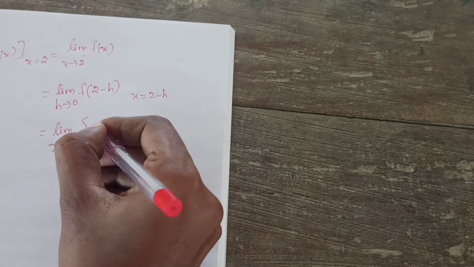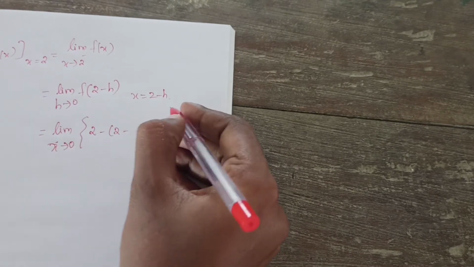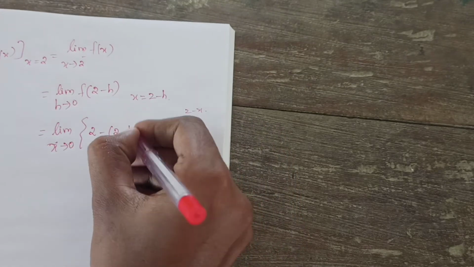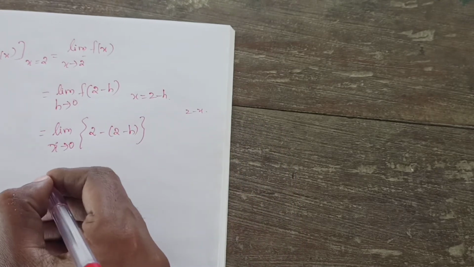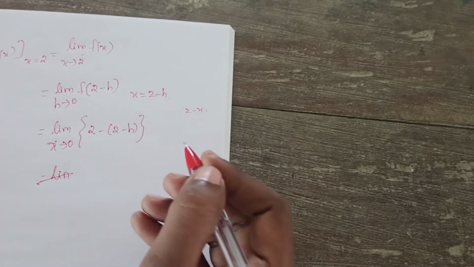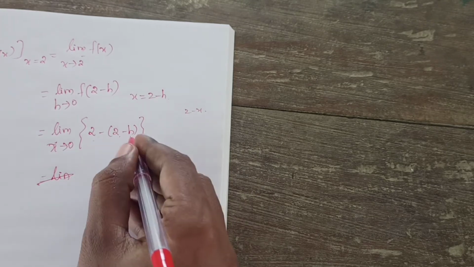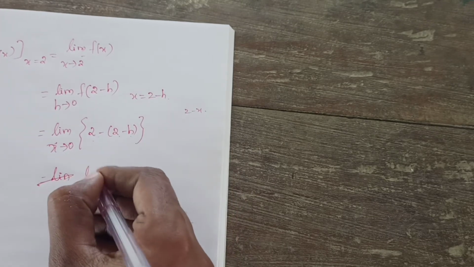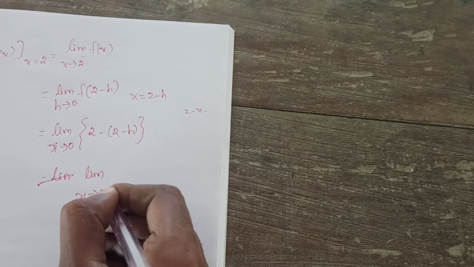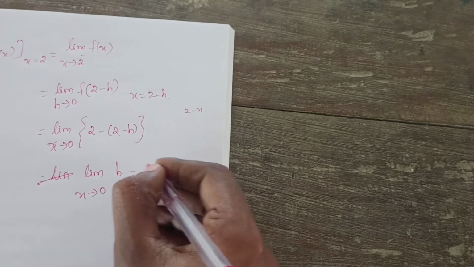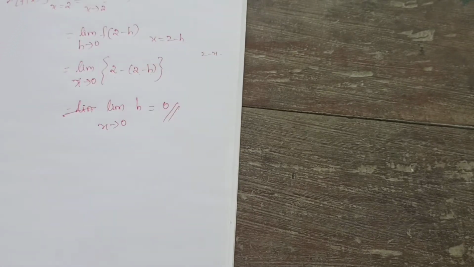The function there is 2 minus x, right? So 2 minus of (2 minus h). Apply the limit: 2 minus 2, minus into minus gives plus h. So limit h tends to 0 of h alone will be there. If you substitute 0, you will get the answer as 0.